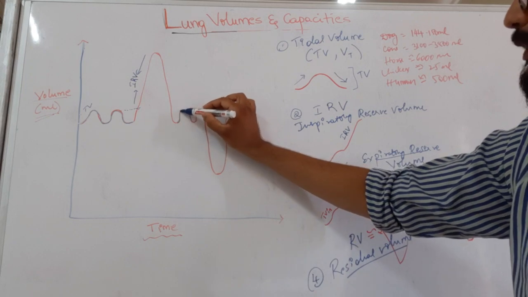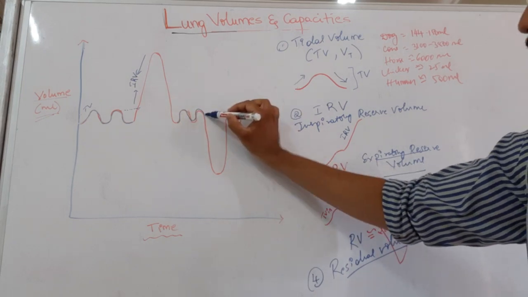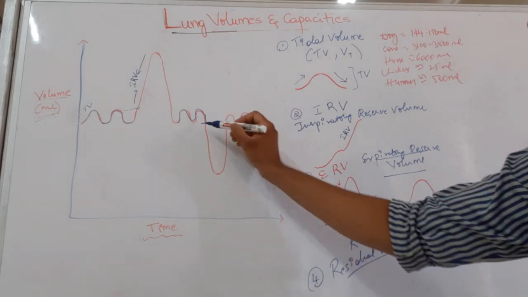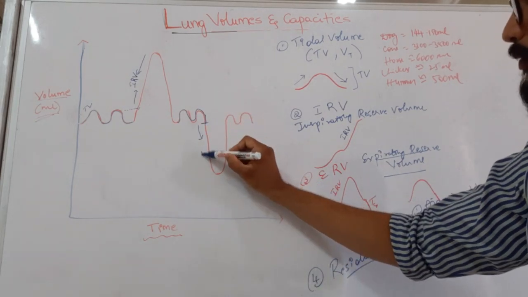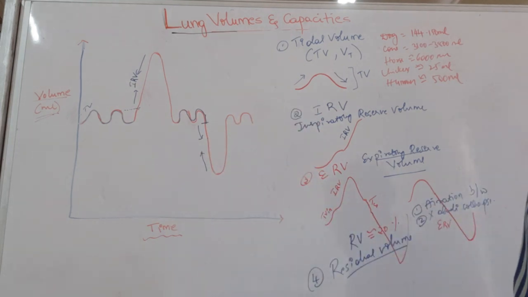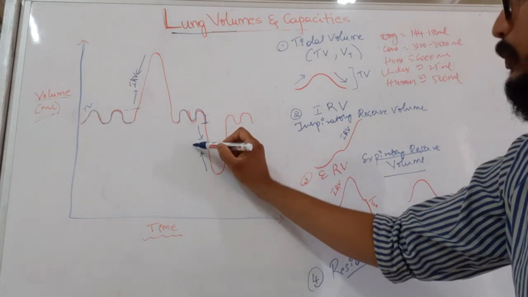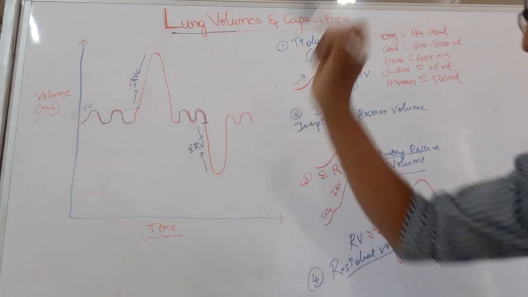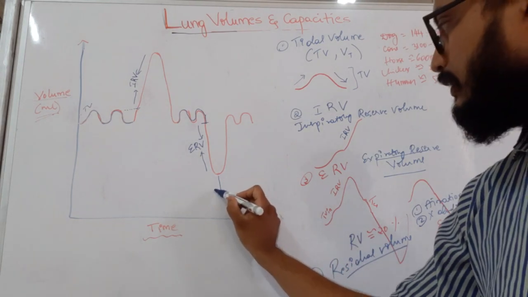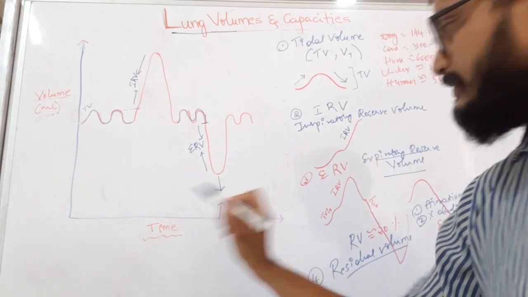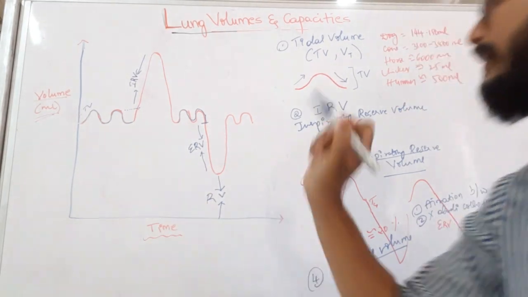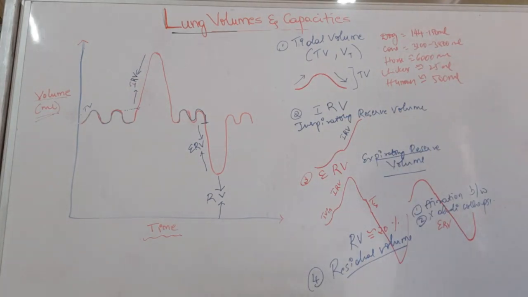Again here we have the normal tidal volume. After the completion of tidal volume expiration, the extra amount of air that can be forcefully expired, again with the help of expiratory muscles, is referred to as expiratory reserve volume. Even after forceful expiration, there is still some amount of air that is left behind, which is referred to as residual volume.